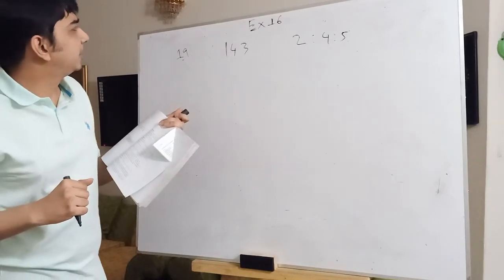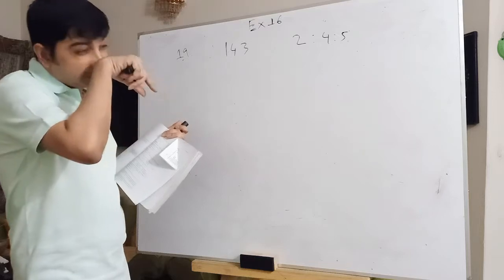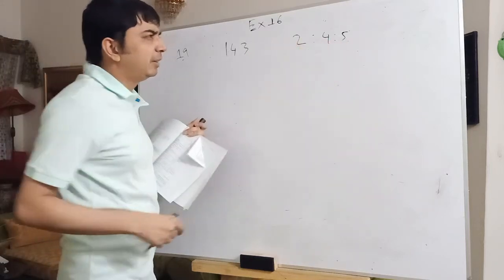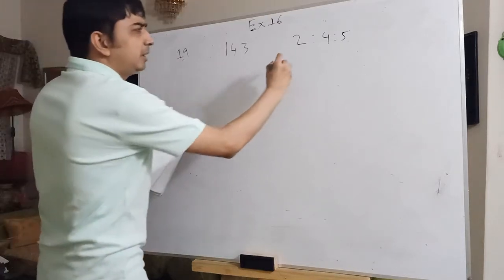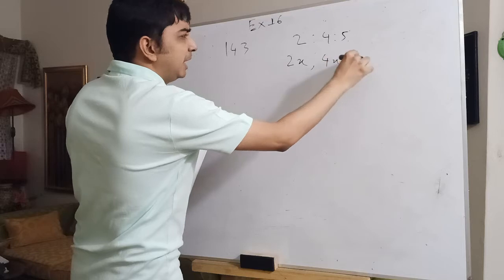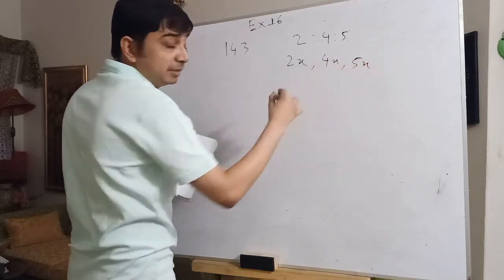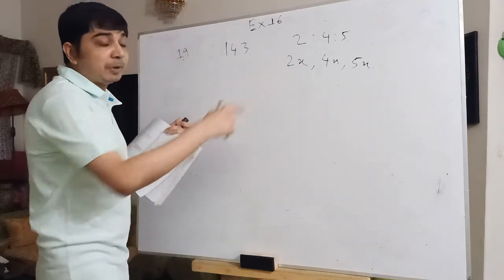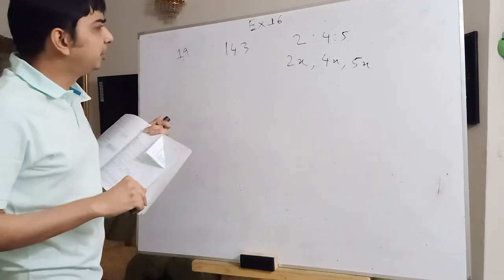So the ratio of the 3 parts is 2:4:5. Let's say the 3 parts are 2x, 4x and 5x. This is perfectly valid, because if I take the ratio of these 3 parts, I'm going to get 2:4:5.